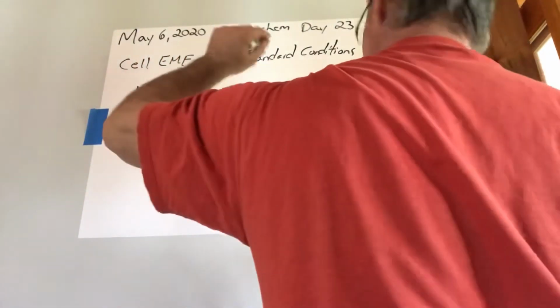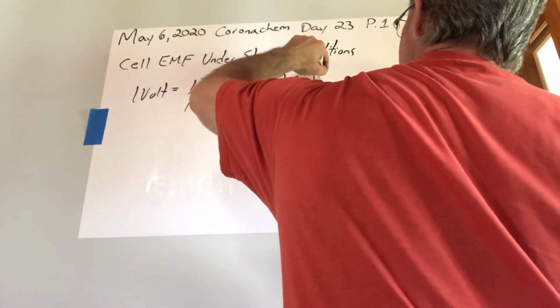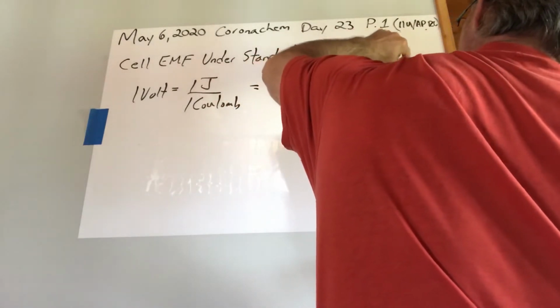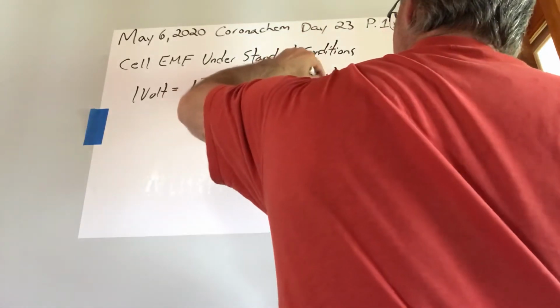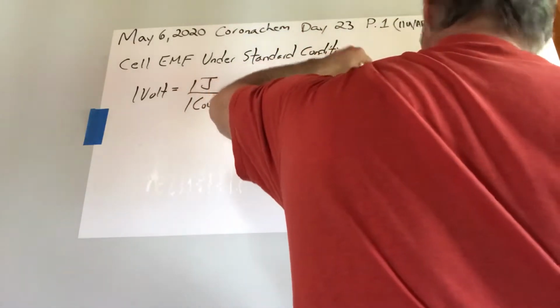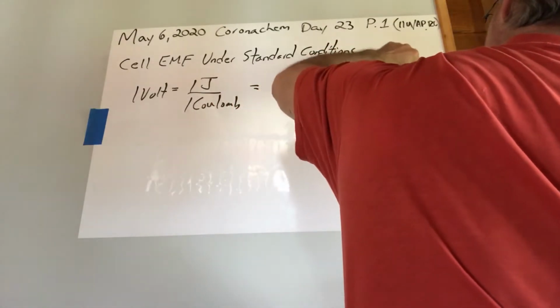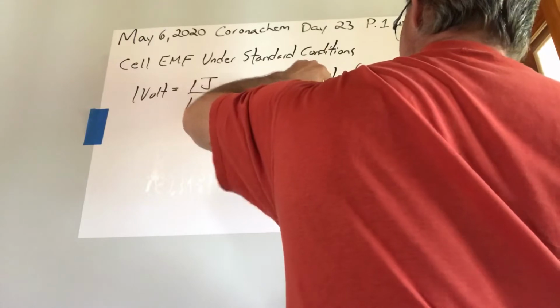Well, okay, let's do one thing at a time. 1 joule of energy imparted to 1 Coulomb of electrons. Okay, what is a Coulomb of electrons?